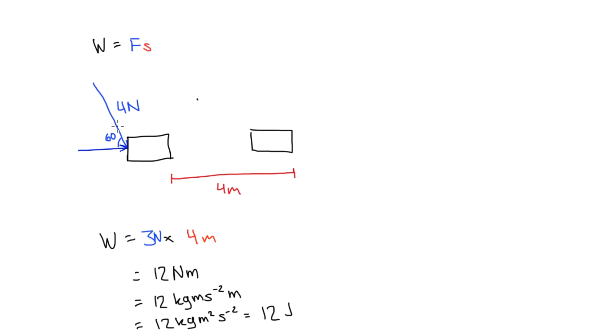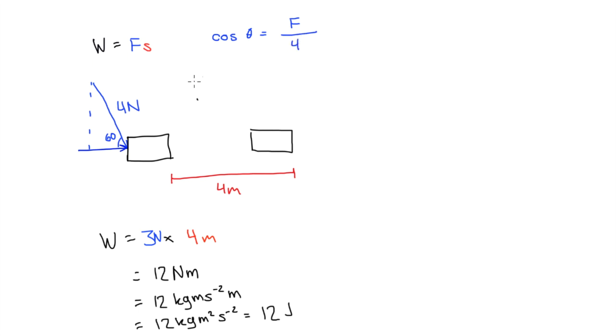To do that, we know the hypotenuse of this right angled triangle. So let's picture this as a right angled triangle, and we don't know the adjacent side, but we know the angle. So if we're dealing with the hypotenuse and the adjacent side, then we'll use the cos function. So cosine theta is equal to the adjacent side, which is the F value that we're looking for, over 4 newtons.